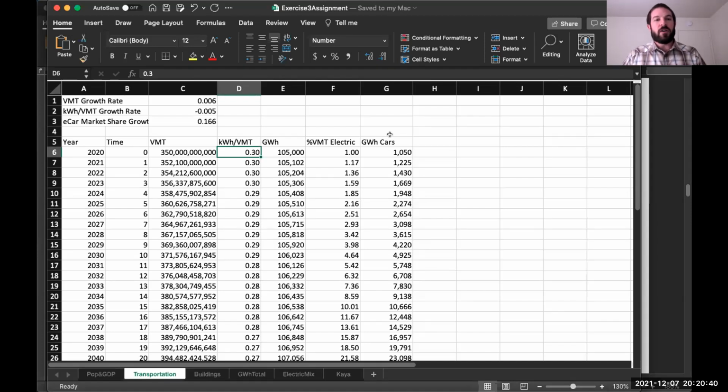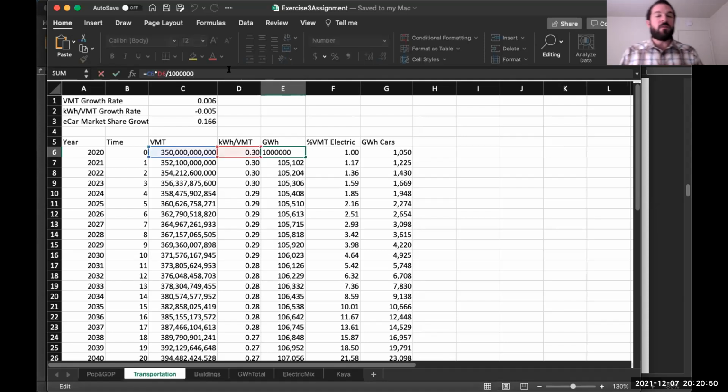about energy per unit mile traveled, the gigawatt hours that would therefore be required if we were to have a 100% electric vehicle fleet, where essentially we're saying this is how many vehicle miles are traveled, and we're going to multiply it by how many kilowatts would be required to move that many miles.